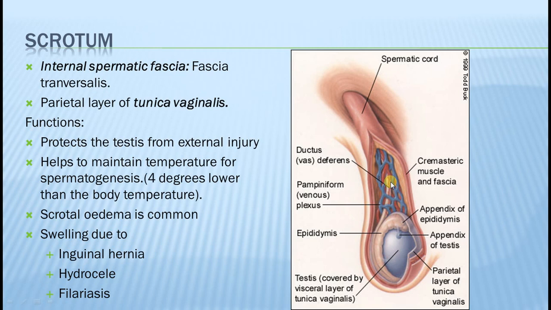Hydrocele is collection of fluid, most commonly congenital, due to patent processus vaginalis, and another condition is filariasis, when there is obstruction of lymph vessels. Then also you come across scrotal edema in filariasis, also called elephantiasis.